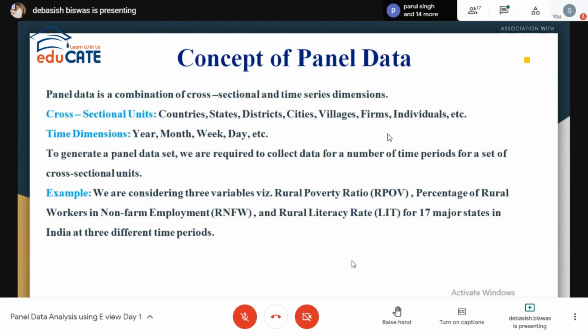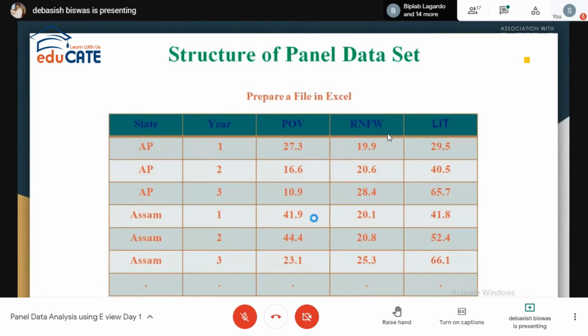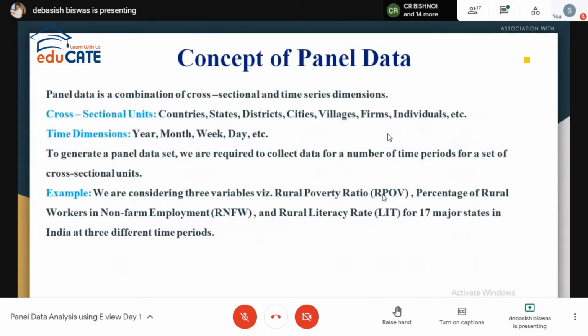So from our domain knowledge, I say that rural poverty ratio is my dependent variable.